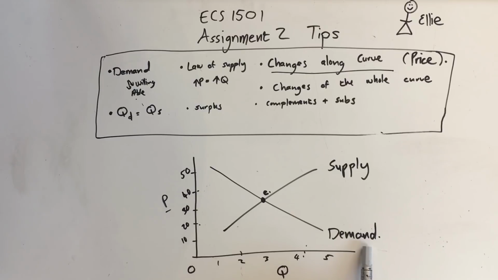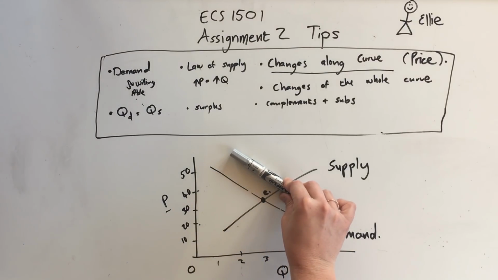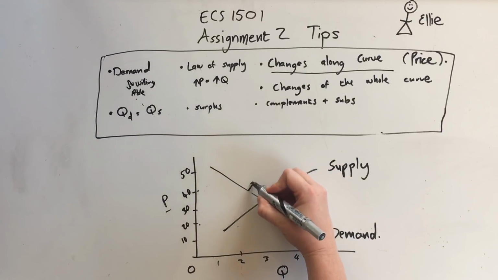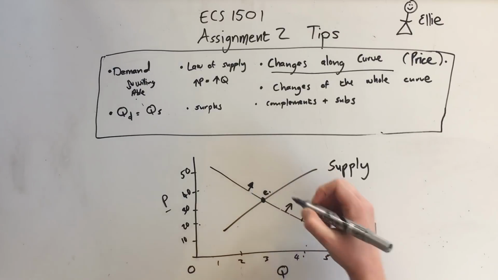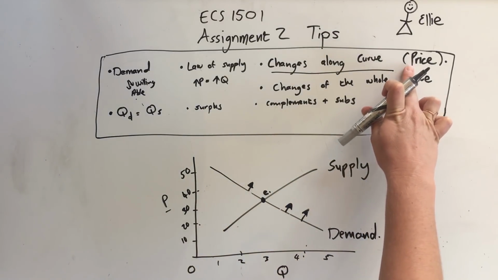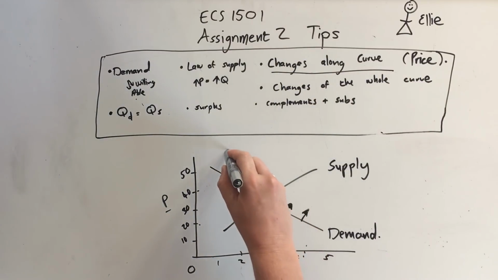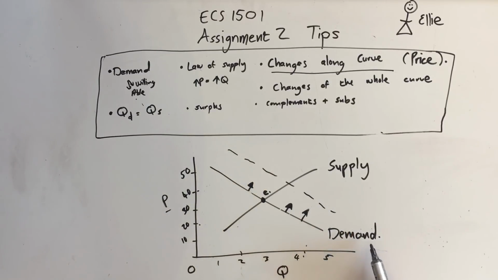That kind of change takes the whole demand curve and moves it up. So if the demand increases for reasons other than just the price of the product, then the whole demand curve moves up. If the demand decreases for reasons other than price, what would be reasons?